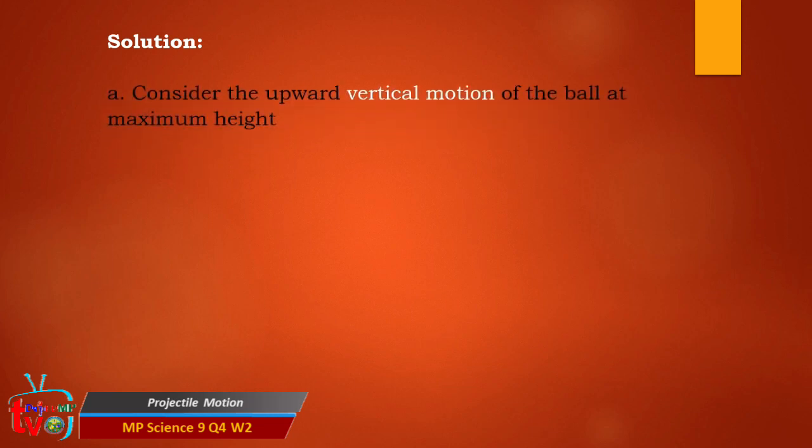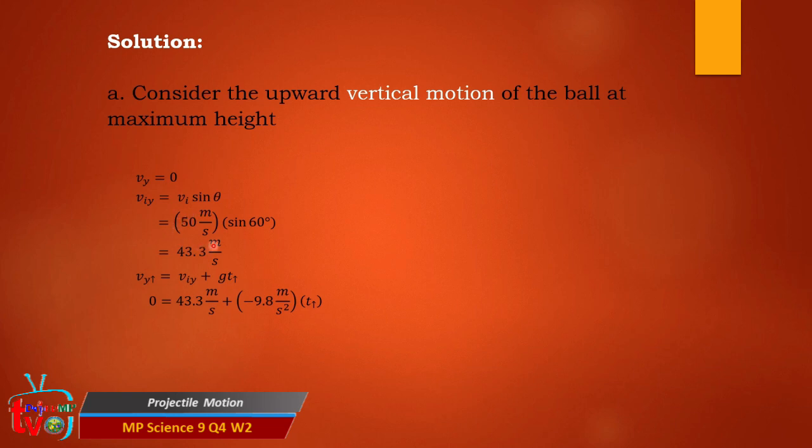To solve the problem, consider the upward vertical motion of the ball at maximum height. The velocity of the ball at its maximum height is 0. Therefore, to solve for the initial vertical velocity, we have here v sub iy is equal to v sub i sine theta.